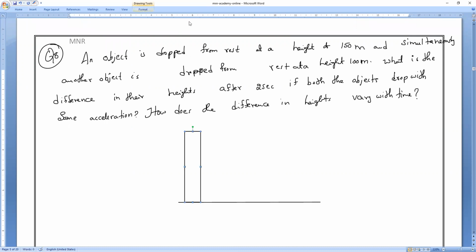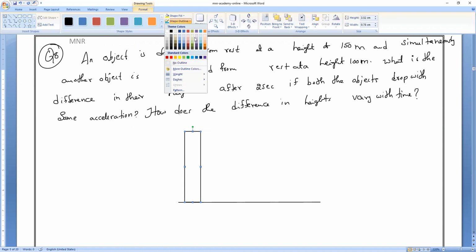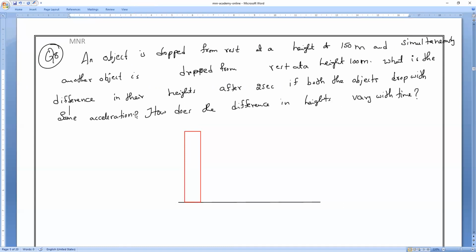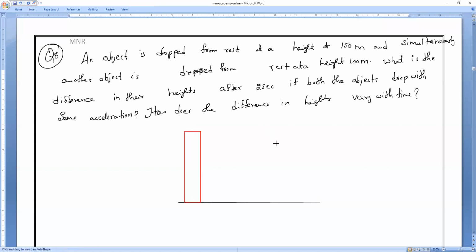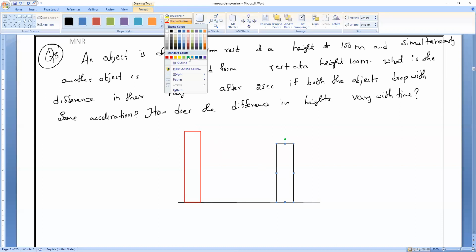Let me take the tower in red color. What is the height of the tower? 150 meters. And another tower is how much height, guys? 100 meters. Okay. This tower, let me fill with green color.